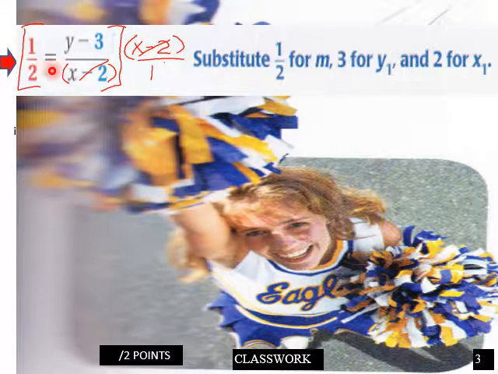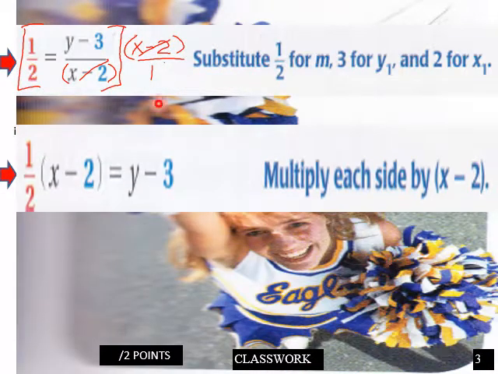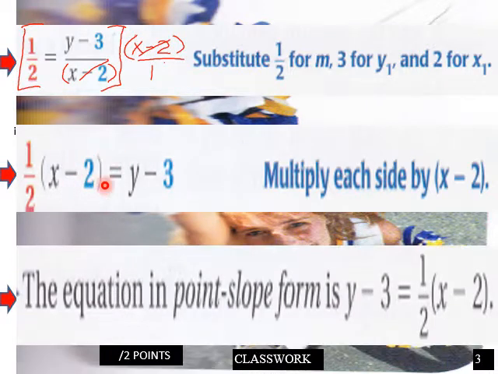So 1/2 would equal y minus 3 over x minus 2. So what we need to do is substitute 1/2 for m, and then 3 for y1, and 2 for x1. Multiply each side by x minus 2 now. And then we get this, x minus 2 cancels, so we get y minus 3 equals this over here.